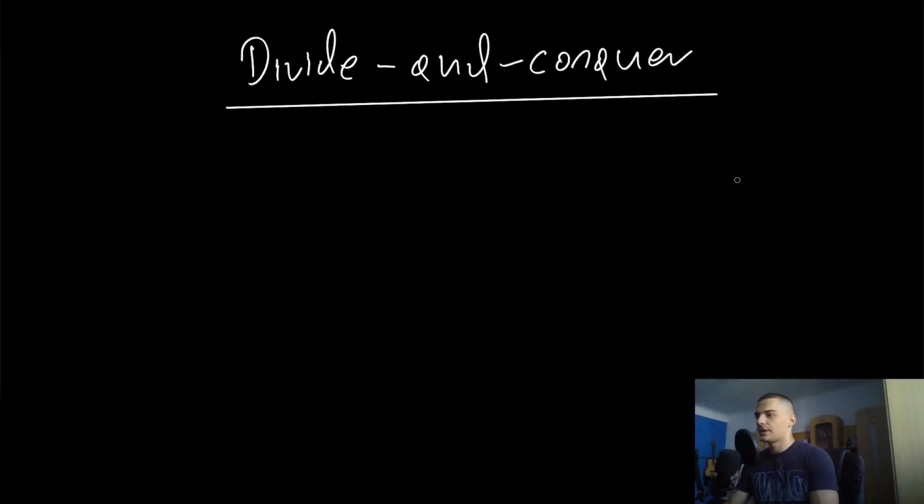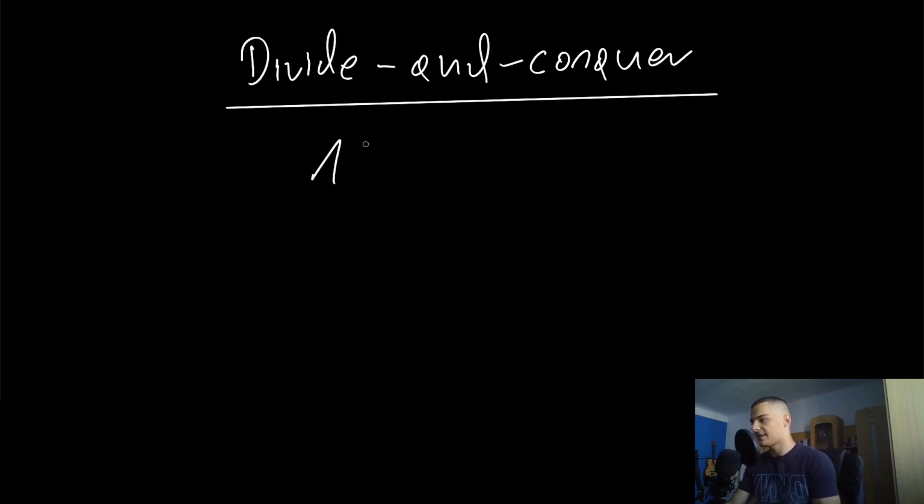So let us start by talking about the divide and conquer approach because we haven't covered it yet. The term divide and conquer is a military term, and it comes from the idea that if you have an opponent that's too big, you divide the armies into small sub-armies and conquer these armies individually. So the total result in the end is that you won the overall battle, even though you just conquered small armies.